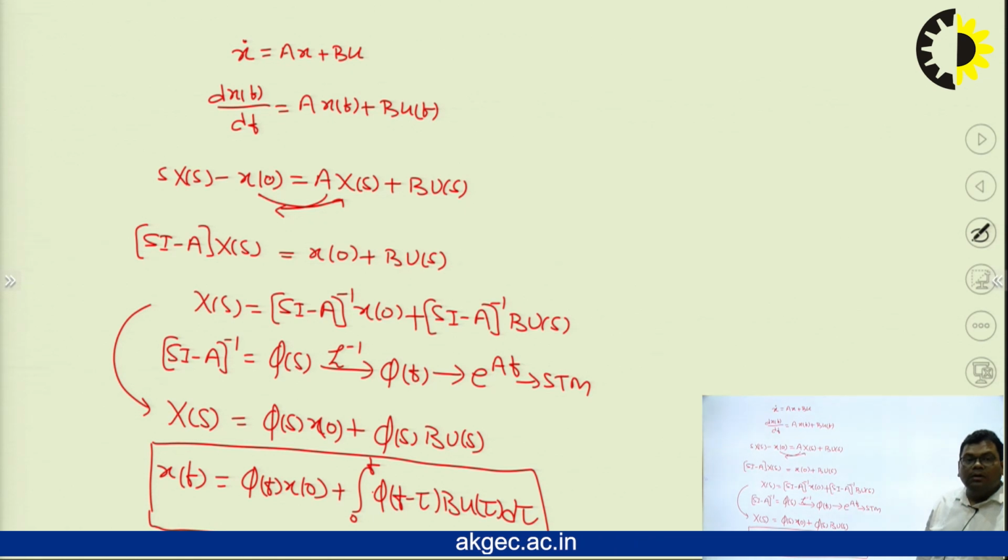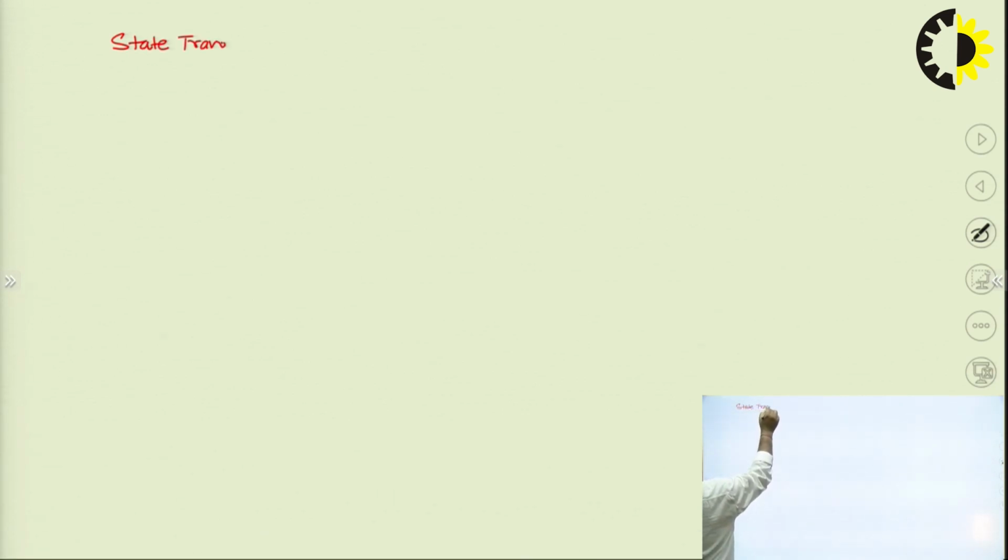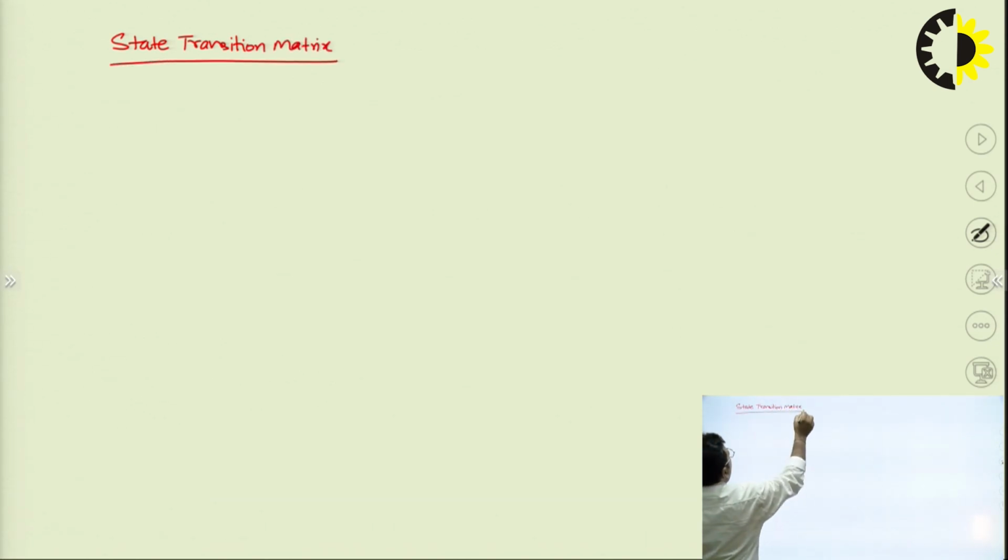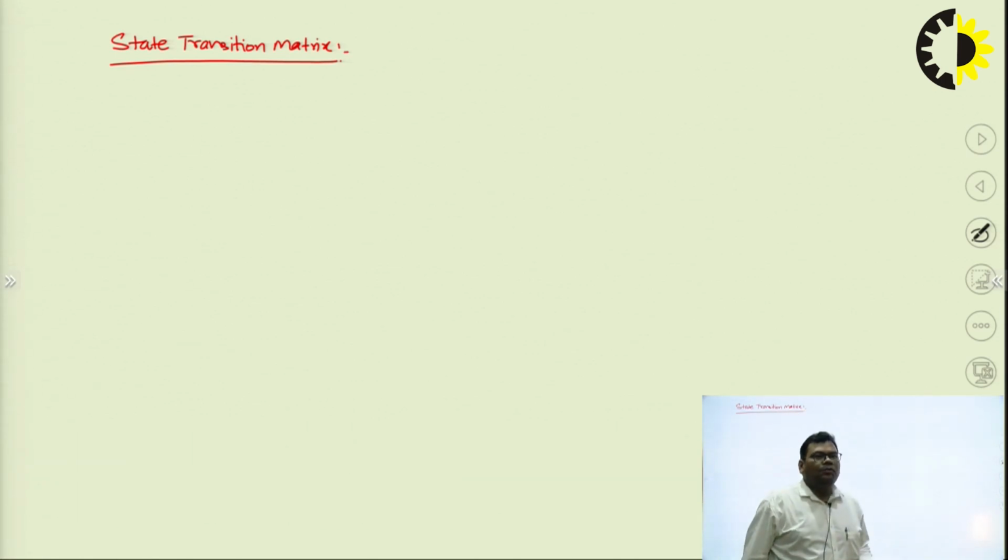So now we have the key term, state transition matrix, right? Now we will see the methods to find this STM.